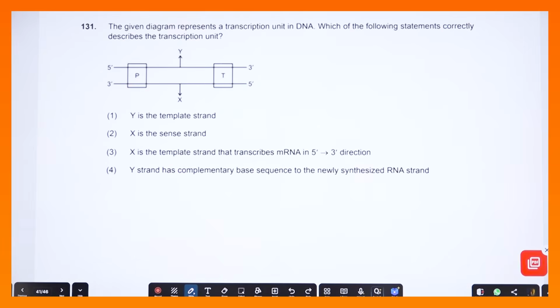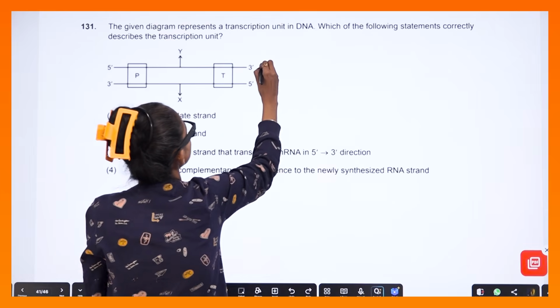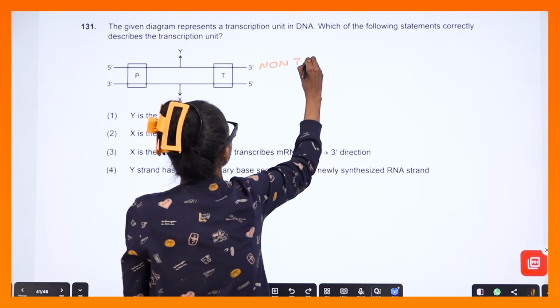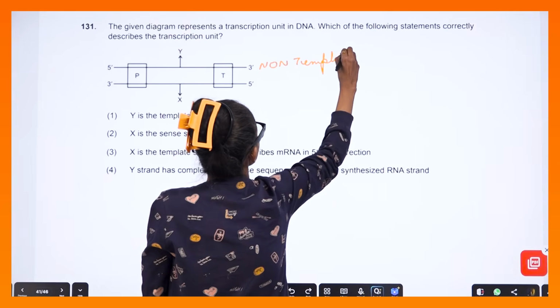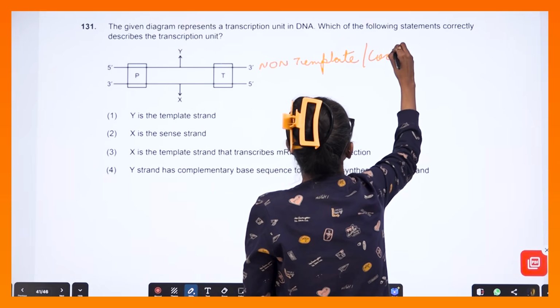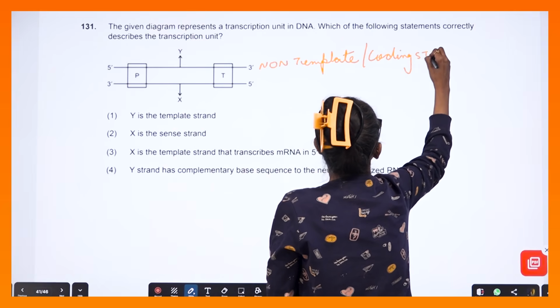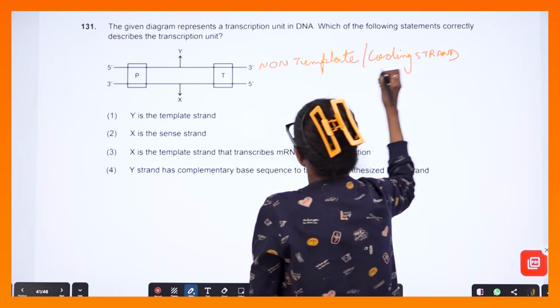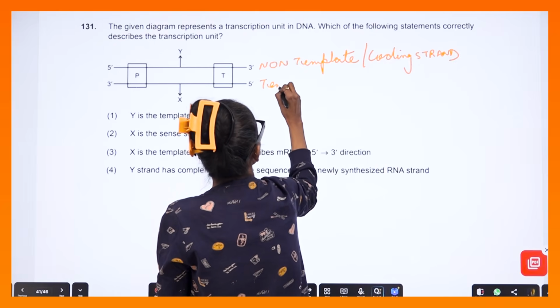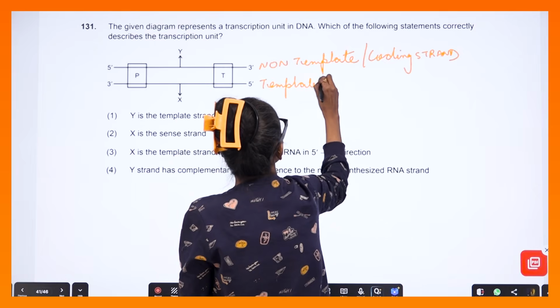This is from the transcription unit, right? Y is the template strand. False. Y is your non-template or coding strand. And this is your template or your non-coding strand.